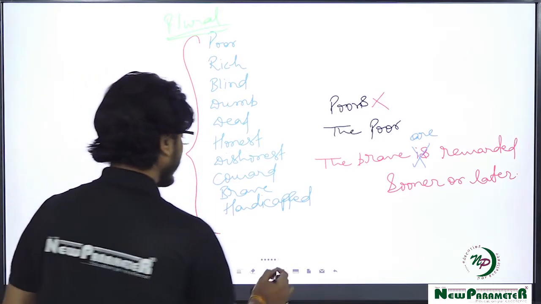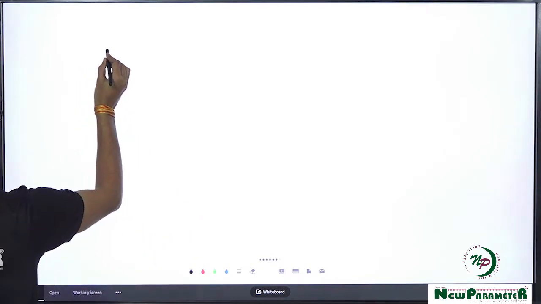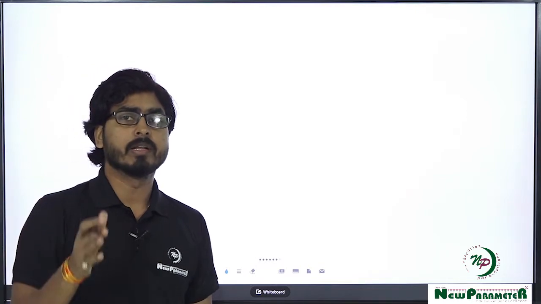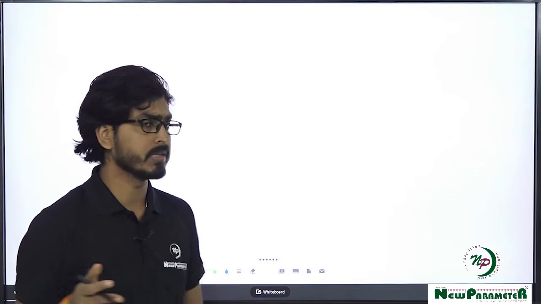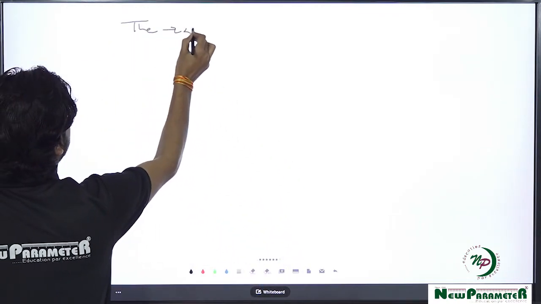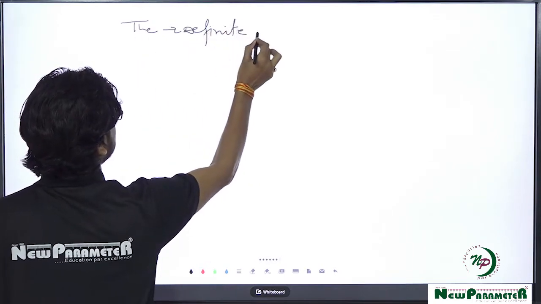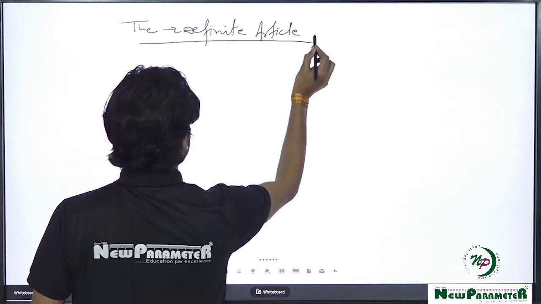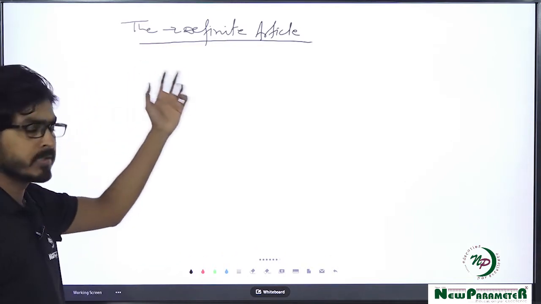Some more things we have to see. See, why is article the called a definite article? This is the most important rule for article the. It is called definite article. Why? I'm just writing here the definition, or you can say the rule.